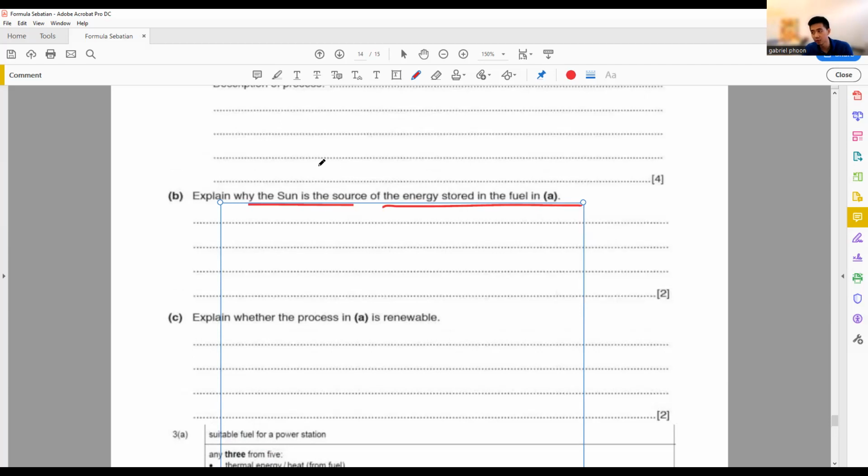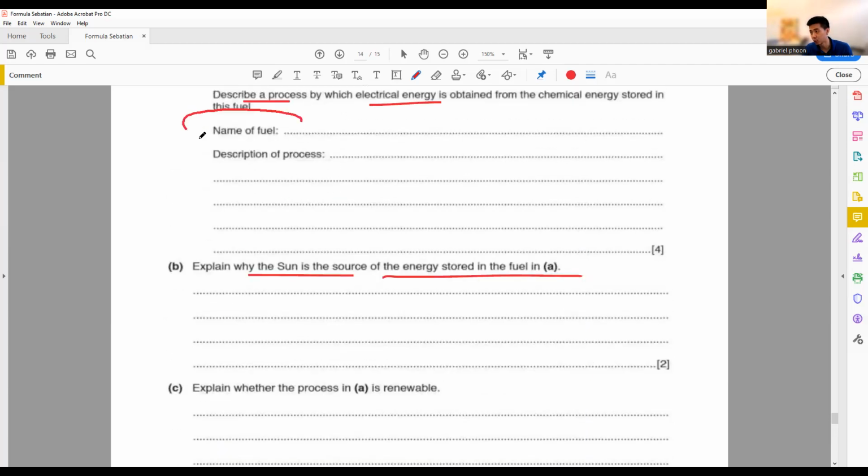This one here is asking you why the fuel that you named here is from the sun. So you're supposed to say how fossil fuel is formed, right? Fossil fuel is from dead dinosaurs. Dead dinosaurs eat the plants, and the plants generate energy from photosynthesis. Oh yeah. It's supposed to go in that sequence.